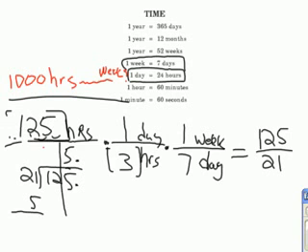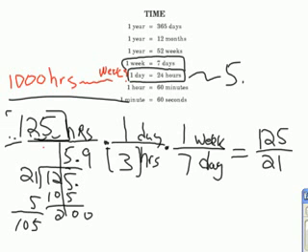Let's do the multiplication. 5 times 21 is 105. I subtract, 20. 21 goes into 209 times. So 1,000 hours is equal to about 5.9 weeks.